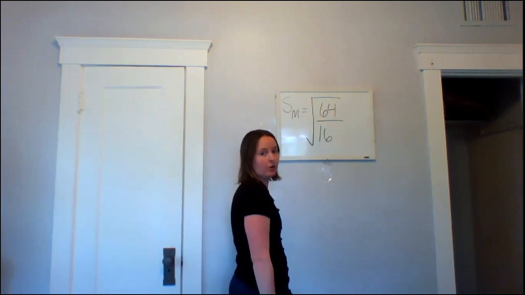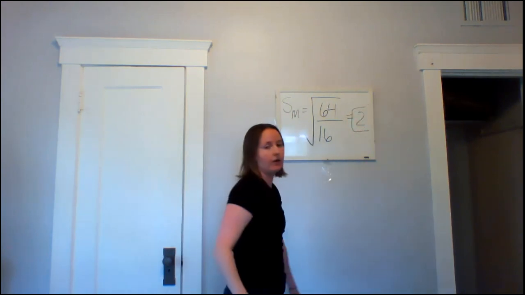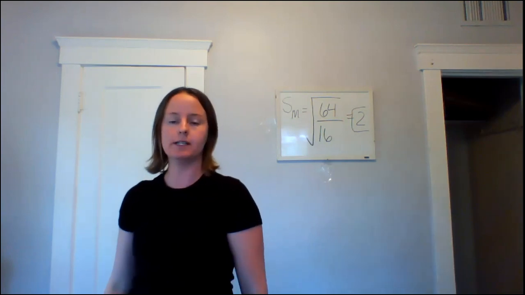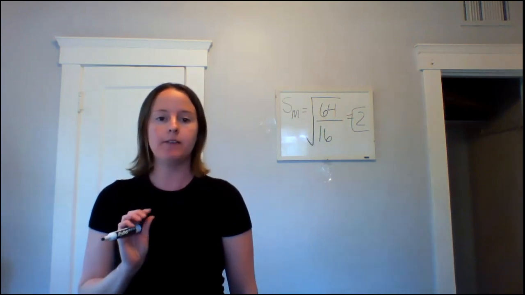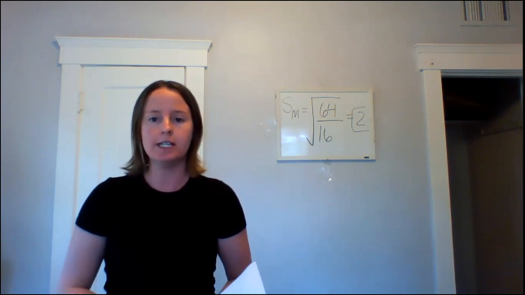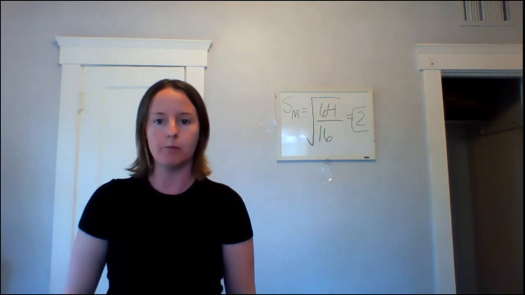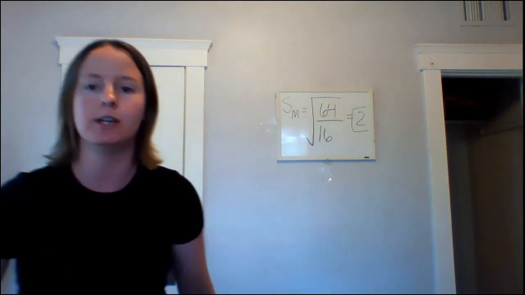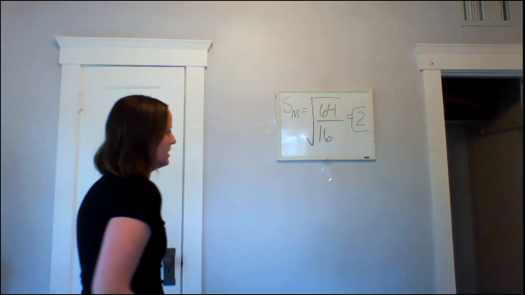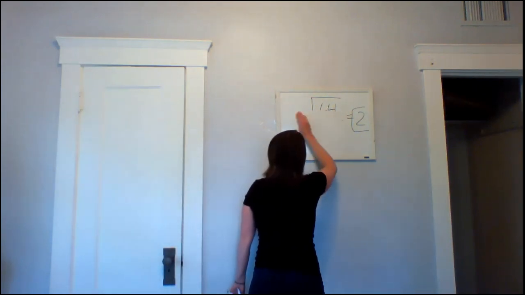The square root of 4 is equal to 2. Wow, we have cut our error term in half just by increasing our sample size. Now we're going to be dividing our t-statistic by a smaller number. That's going to give us a larger t-statistic. Larger t-values are more likely to be significant when we use the table to make that decision. Our standard error is equal to 2.